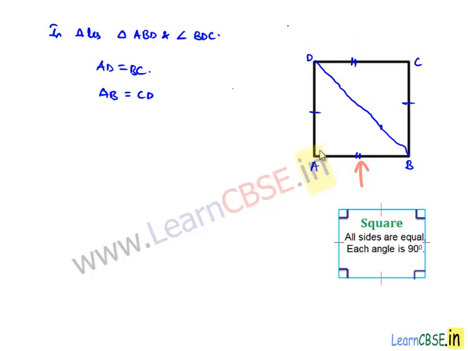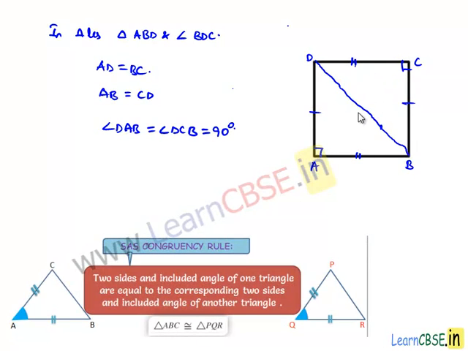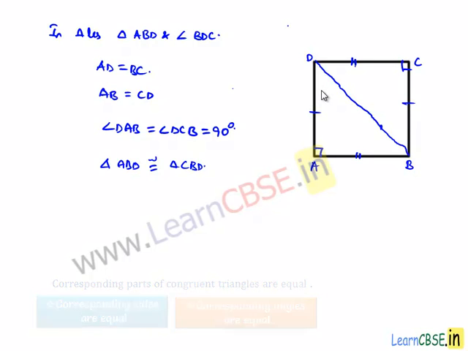Now as it is a square, we can say angle DAB is equal to angle DCB is equal to 90 degrees, as in square, the adjacent sides are perpendicular. Now the two corresponding sides and the corresponding angle in both the triangles is equal. We can say triangle ABD is congruent to triangle CBD.